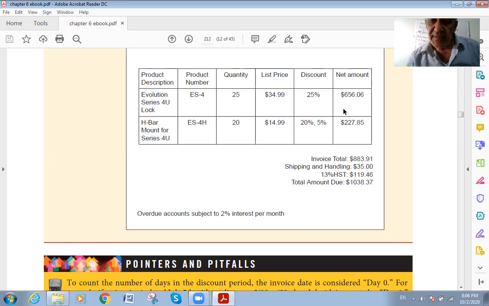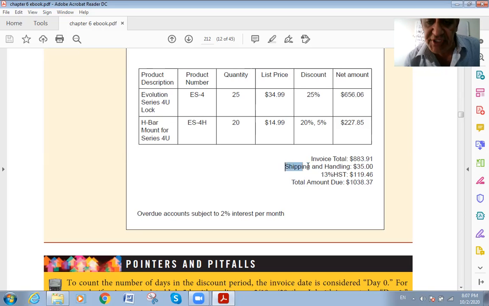Then the net amount is 656.06 plus 227.85. That will make this amount of money. We have also shipping and handling. The shipping is the shipping costs in the harbor, on the port, on the cars, on the trucks which you use.